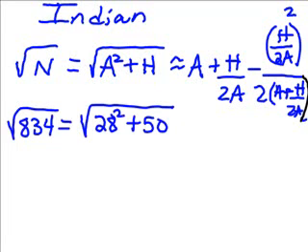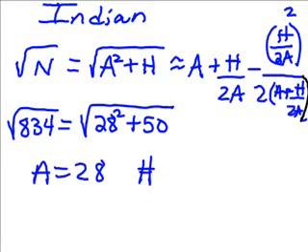Okay, and again, if you had started off with this Indian method, you would have probably done the same thing to get that 28, that bottom number, that this square root is in between 28 and 29. All right, so from here I can determine that a is equal to 28 and h is equal to 50.